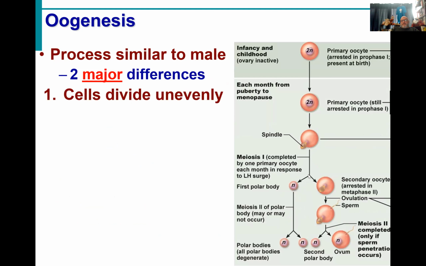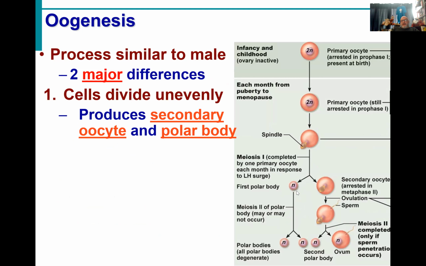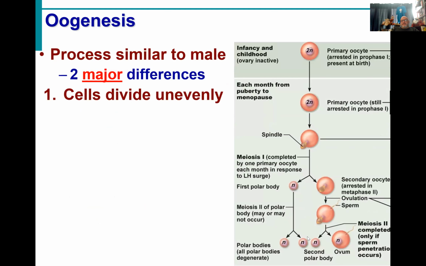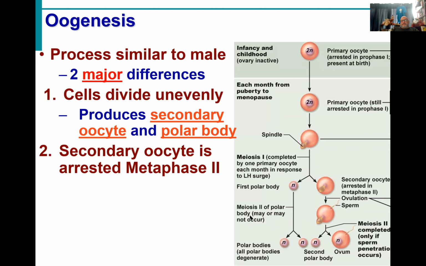As we talked about, the cells divide unevenly, giving us a first polar body. Oh, let's go back. This first division, again, secondary oocyte and a first polar body. It then starts metaphase 2 and then freezes again. We get that secondary oocyte and first polar body. Starts meiosis 2 and freezes in metaphase 2.